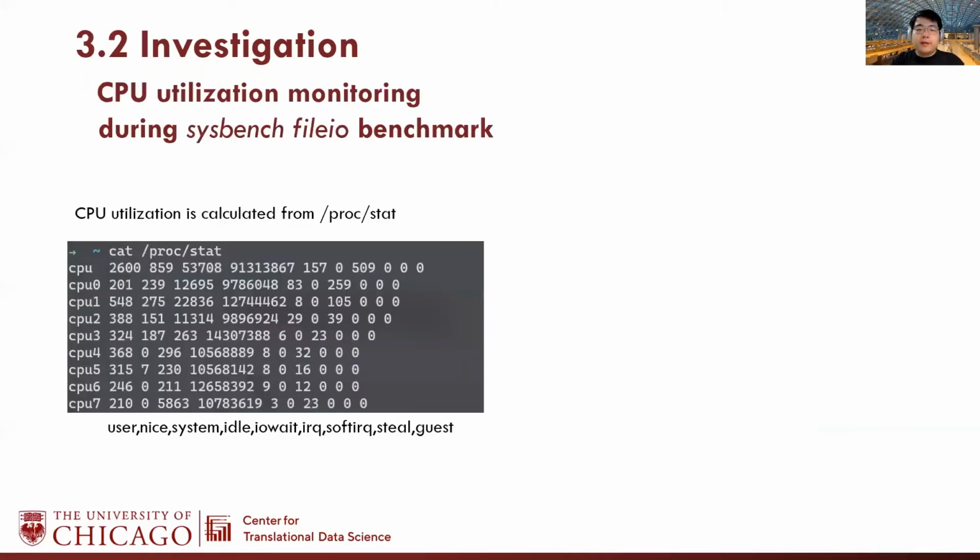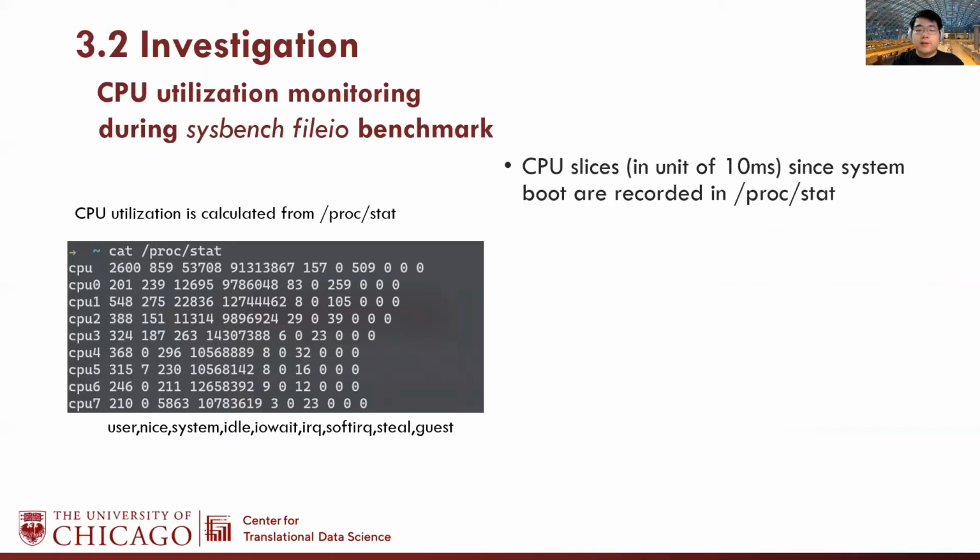When the VM is in the aging stage, we use the fileio benchmark in sysbench and monitor the CPU utilization. The CPU utilization is calculated from the /proc/stat file as shown in the graph. It records the CPU slices in units of 10 milliseconds since the system boots up for each CPU in all categories, such as user, nice, system, idle, and so on. Here we use user and system to demonstrate the calculations.